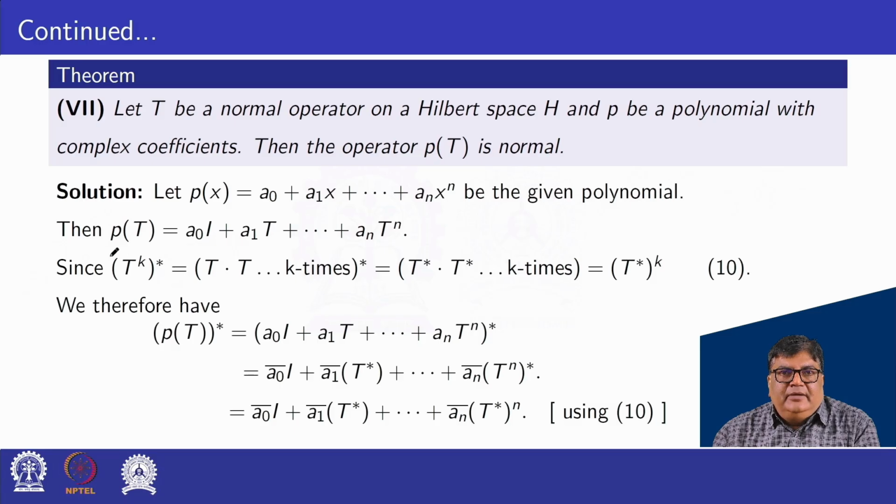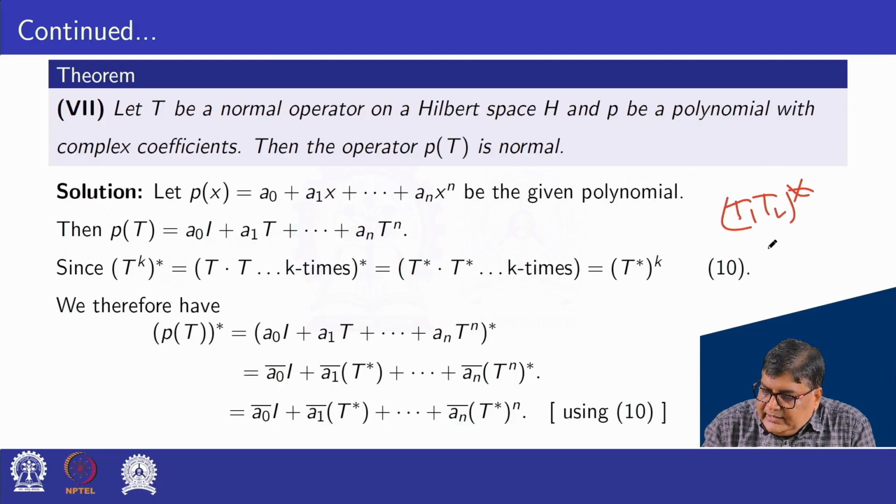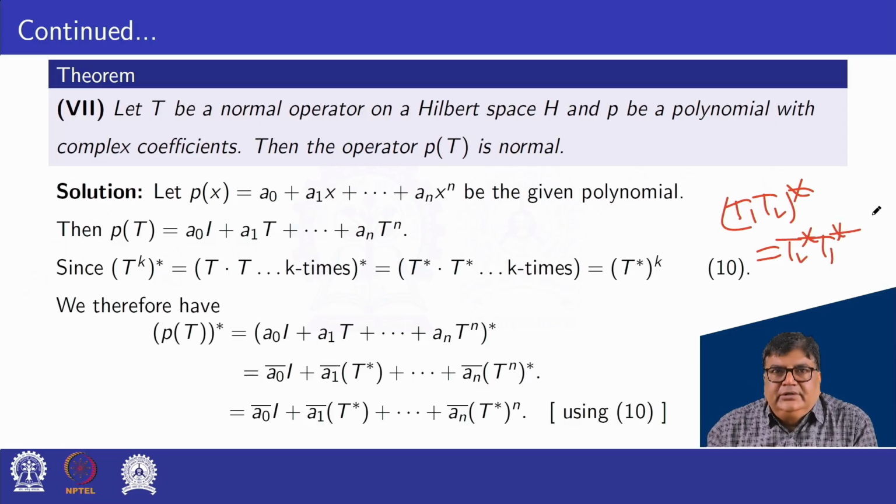Since star of T^k is equal to star of T into T, k times. Here we know the formula (T1 T2) star is equal to T2 star T1 star.